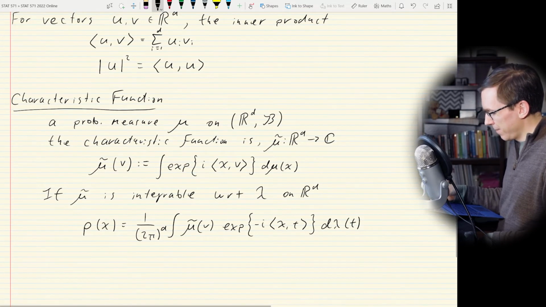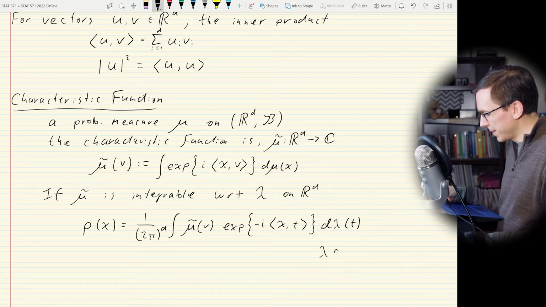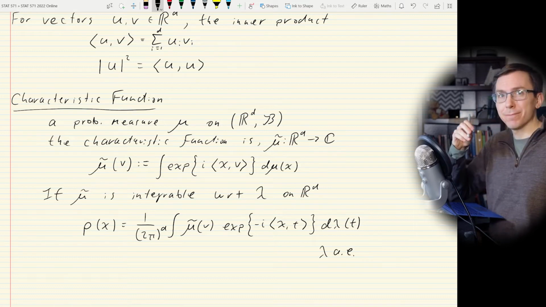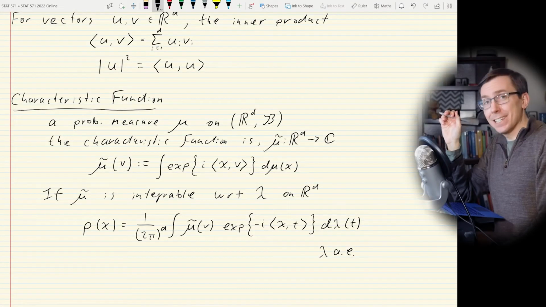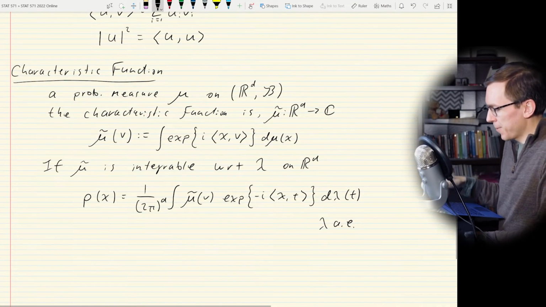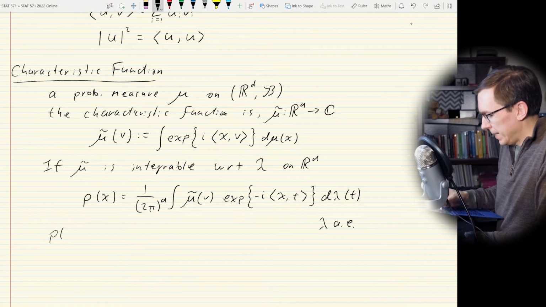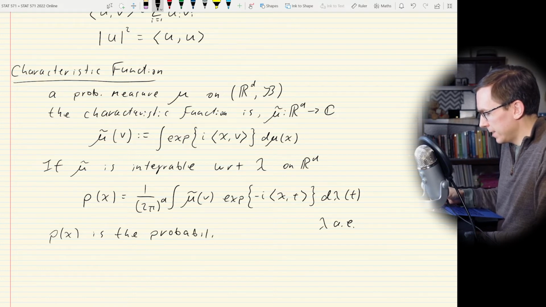And this is equal lambda almost everywhere. So this is the inverse of the Fourier transform, and p(x) is the probability density function.